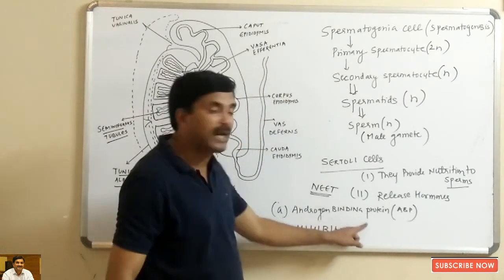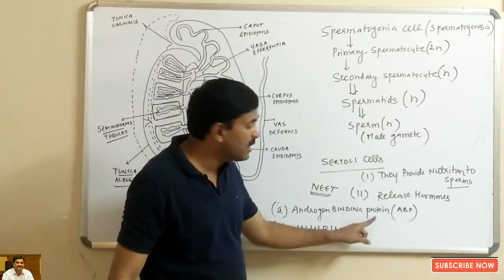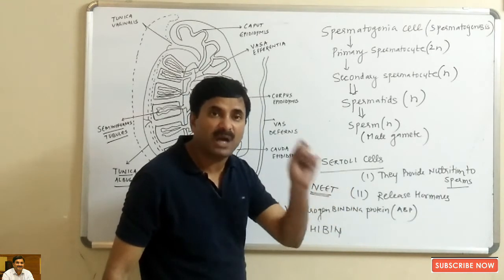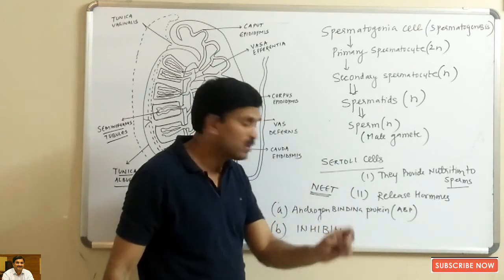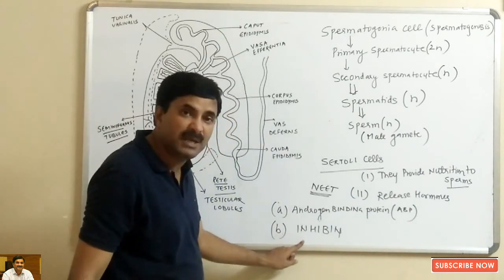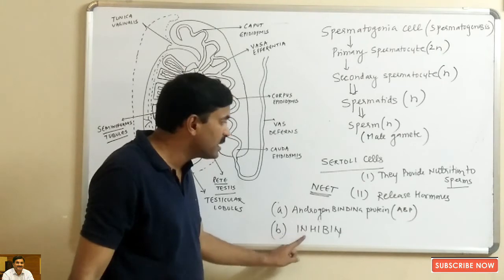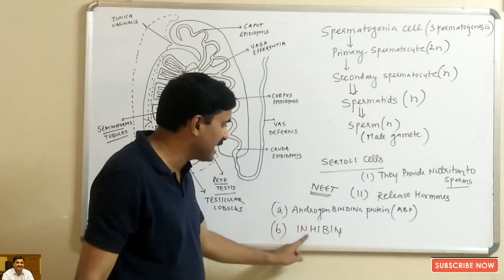Now what is the function of androgen binding protein? Androgen binding protein concentrates the testosterone hormone in the testes, and inhibin stops the synthesis of FSH.